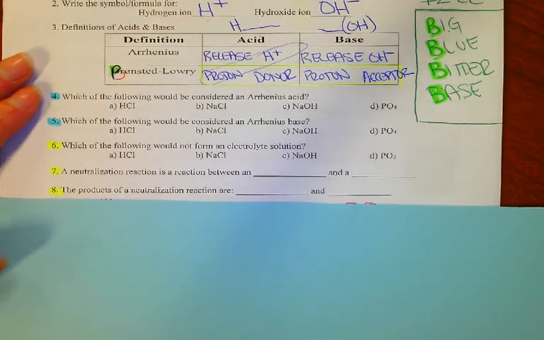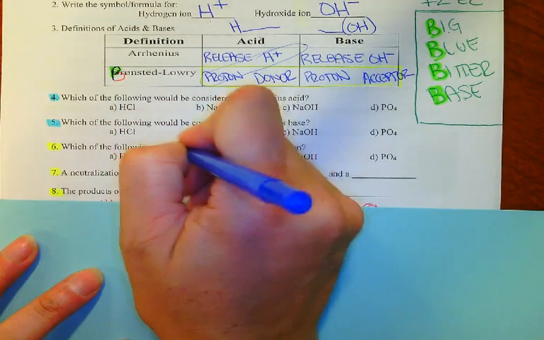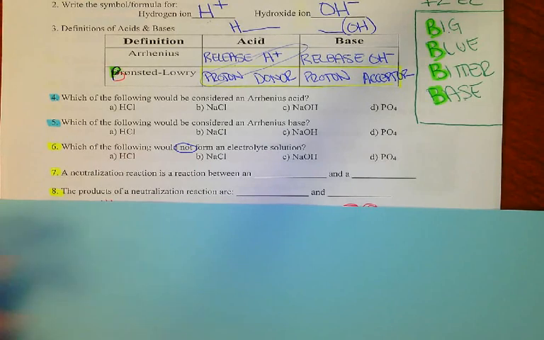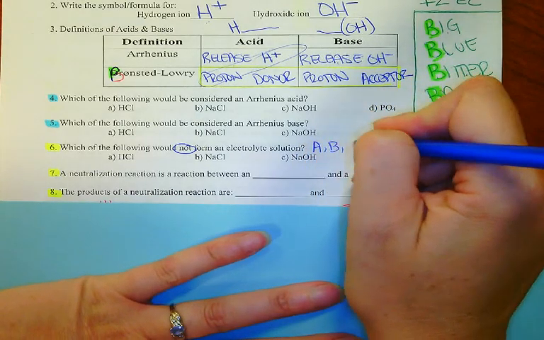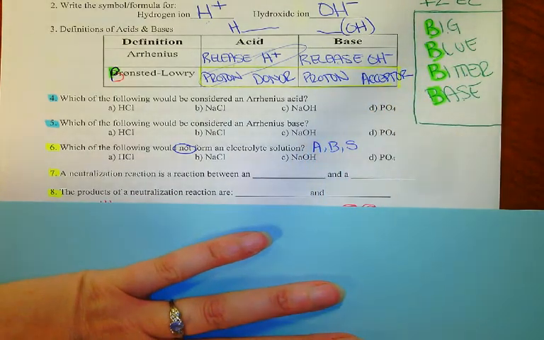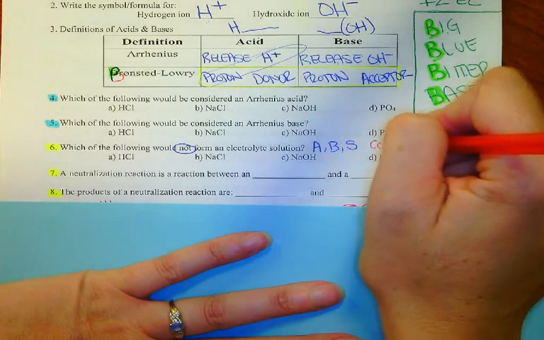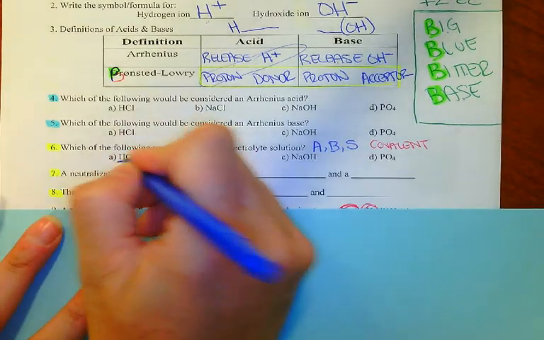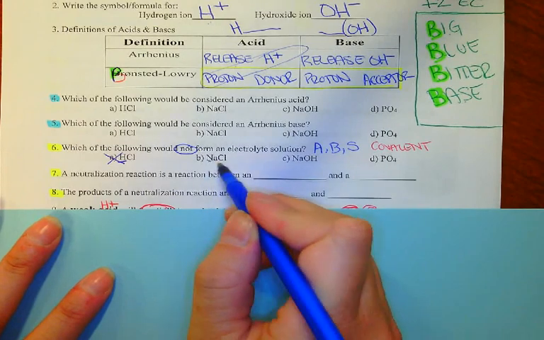It says, which of the following would not form an electrolyte solution? So I'm going to circle the word not. Which of the following would not be an electrolyte? Because in class we learned 3 types of compounds are electrolytic: acids, bases, and salts. So the thing that is not an electrolyte would be covalent. HCl is an acid, which means it is an electrolyte.